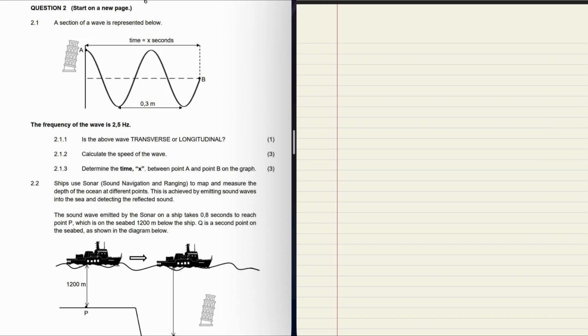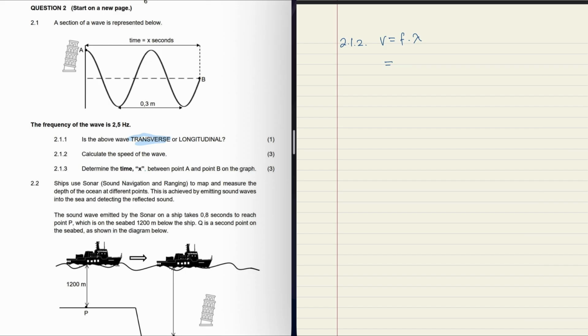Question number 2 says a section of a wave is represented below. The frequency of the wave is 2.5 Hertz. Is the above wave a transverse or longitudinal wave? The answer here is that it is a transverse wave. Question 2.1.2, calculate the speed of the wave. So V is equal to F times lambda.